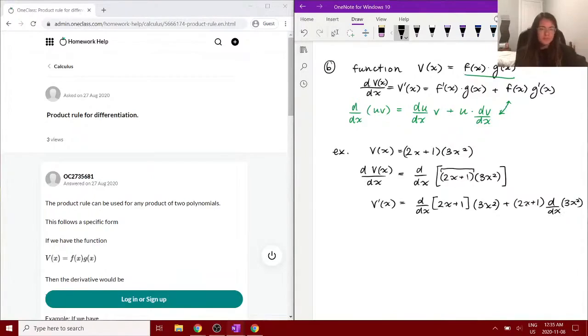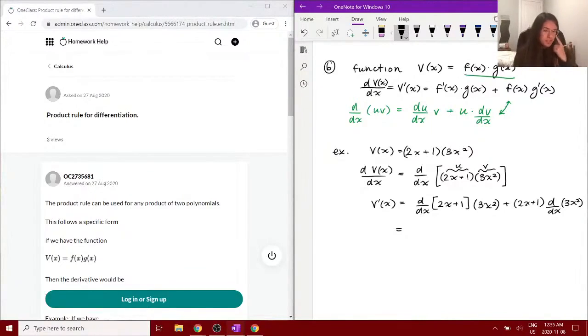I just wanted to rewrite that so that we simulated what we did before up here, just replacing the u and the v with the two terms in this equation. Hopefully that's clear. And now we are ready to take the derivative.